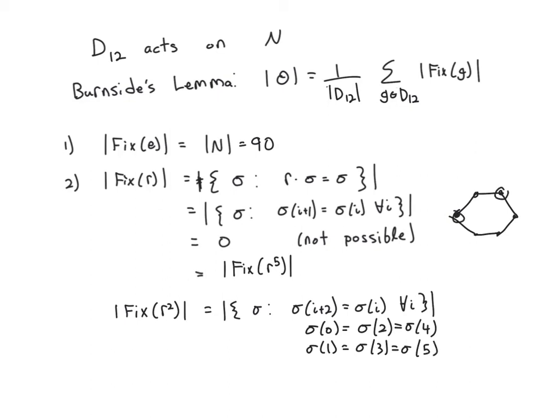So the circles have to be the same color and the x's have to be the same color. But that means you need to have at least 3 beads of one color and 3 beads of another. But that's not possible because we only have 2 beads of each color. So again, this answer ends up being 0. And likewise, there's a counterclockwise rotation. That's r to the 4th. So far there aren't a whole lot of fixed points.